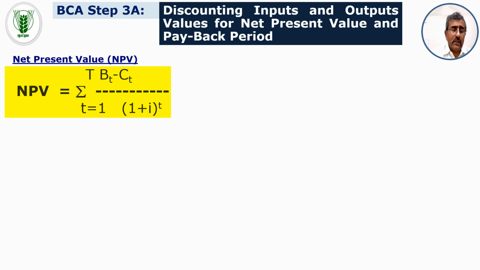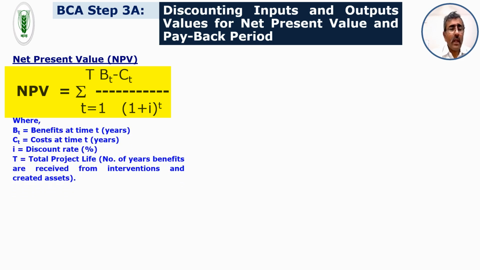The difference so obtained should be discounted, and such values obtained over the years are to be added up over the time period T. The final figure will be the net present value. In this formula, I is the discount rate and T is the total project life, that is the number of years benefits are received from interventions and created assets.